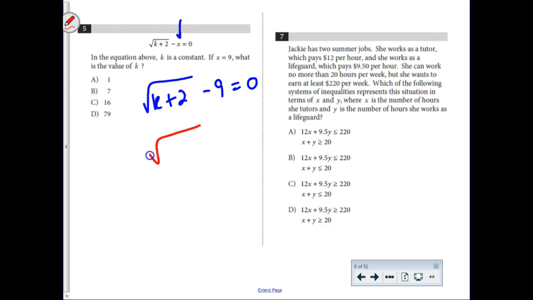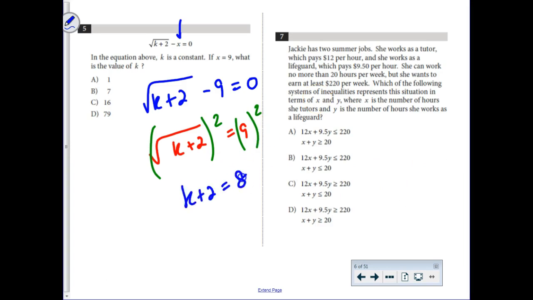So start by adding the 9 over. And then we're squaring both sides. So you do need to have a little bit of knowledge of mathematical operations without a calculator. 9 squared is 81, yes. And then I think the only answer that works there is 79. Even if you can't subtract, I think you can figure it out.